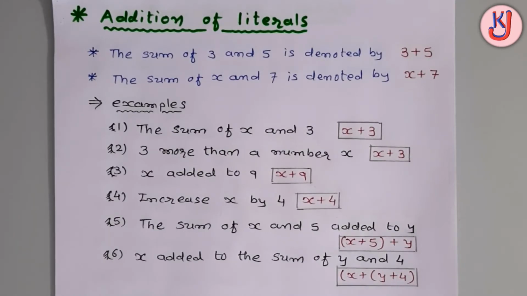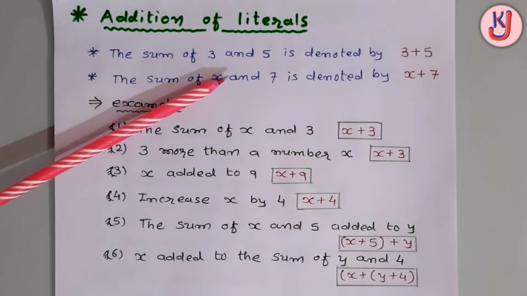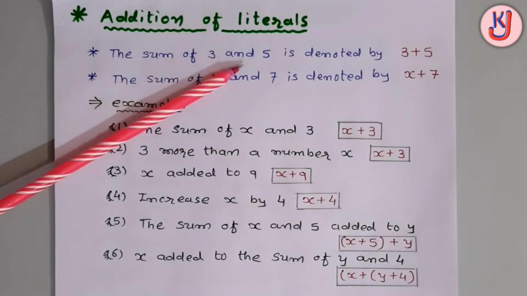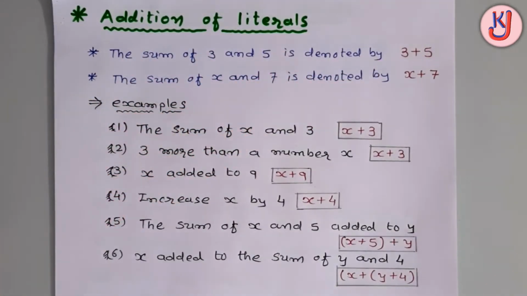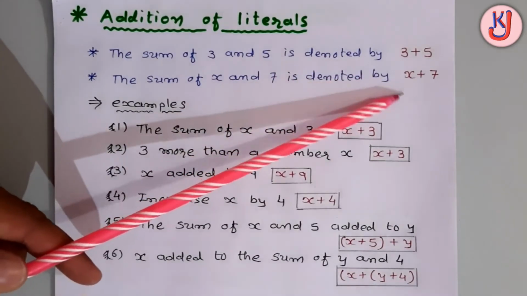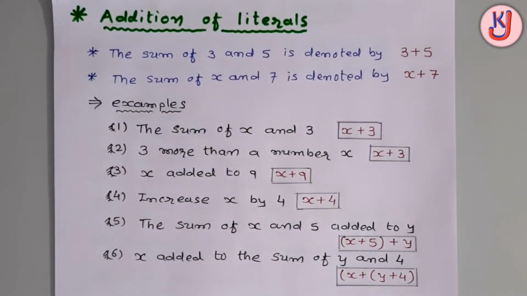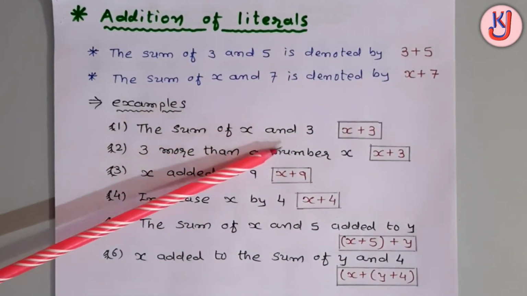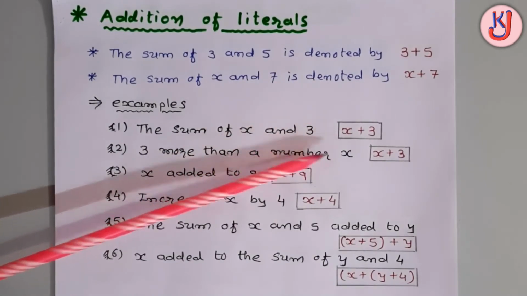Suppose we are asked to find the sum of two numbers, say 3 plus 5. So 3 and 5 is denoted by 3 plus 5. In the same way, the sum of x and 7 is denoted by x plus 7. The sum of x and 3, we can write x plus 3.